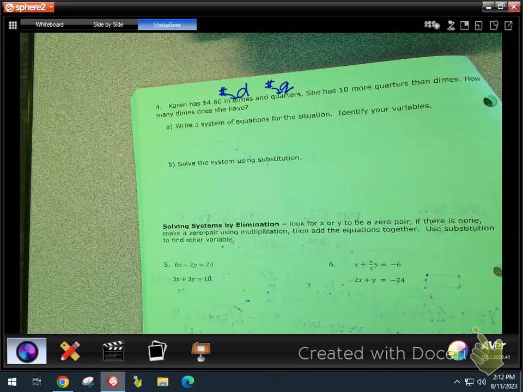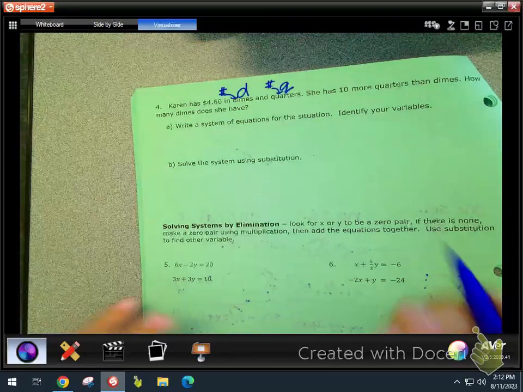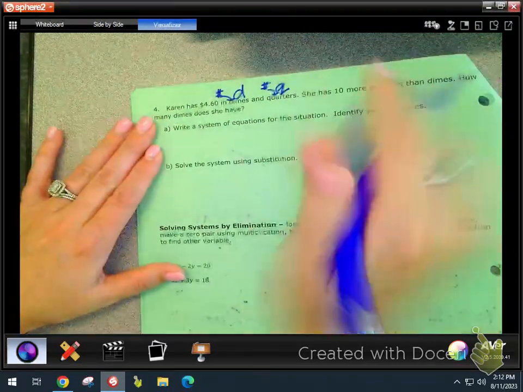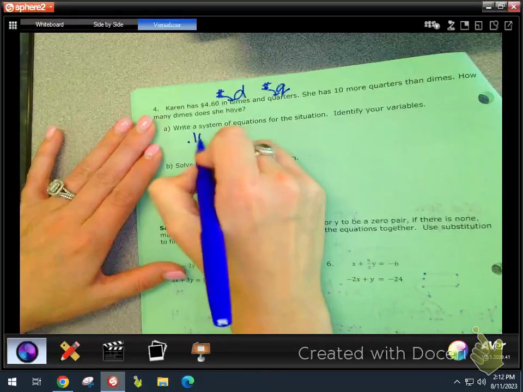There's 460 and then there's 10 more. Let's start with the 460. I think that's easier. 460 is a money value. So to get that total money value, we have to add up the money value of dimes and the money value of quarters. What's the money value of a dime? 10 cents. So I need to put that as 0.10 or 0.1.